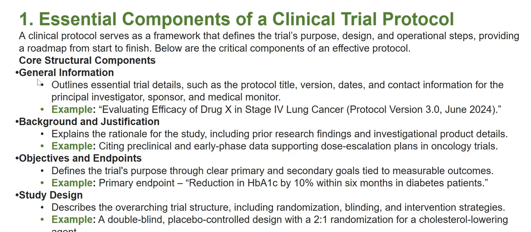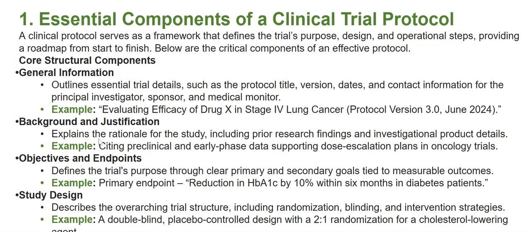Regardless of order, we have general information, which outlines essential trial details such as the protocol title, version, dates, and contact information for the principal investigator, PI, sponsor, and medical monitor. Example, evaluating efficacy of drug X in stage 4 lung cancer, protocol version 3, June 2024.